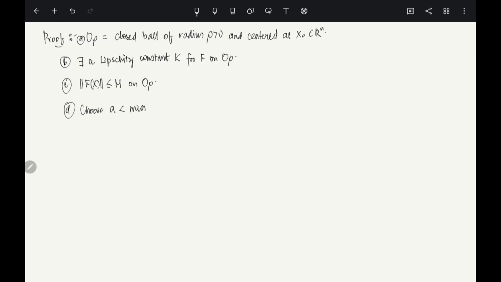I will show you why we need this. And we will write the interval I to be minus a comma a. Okay, so these are our assumptions.